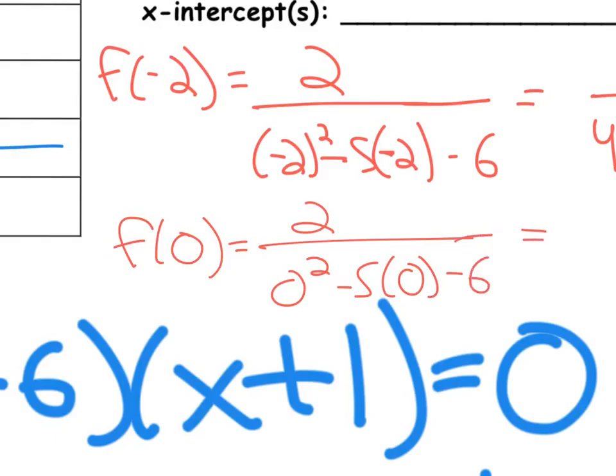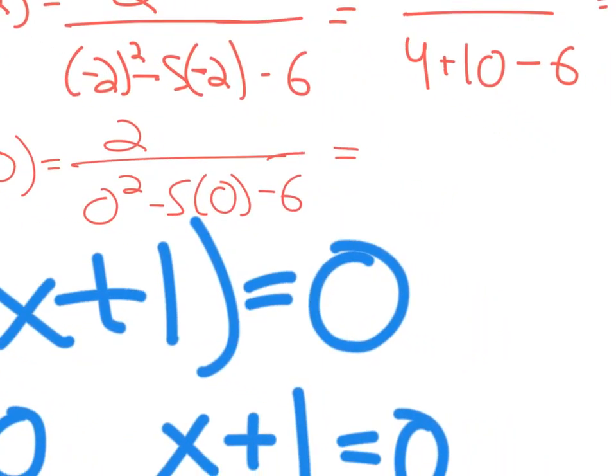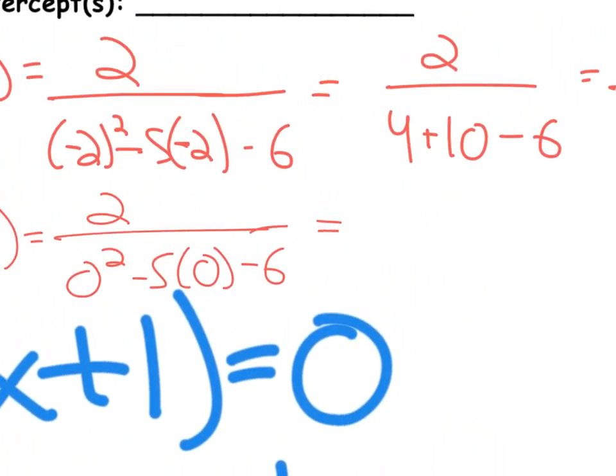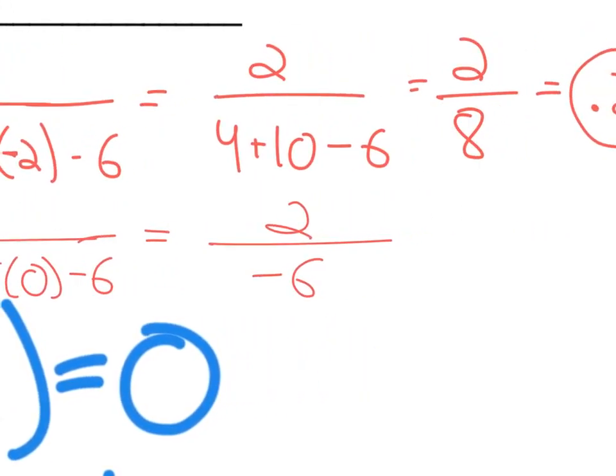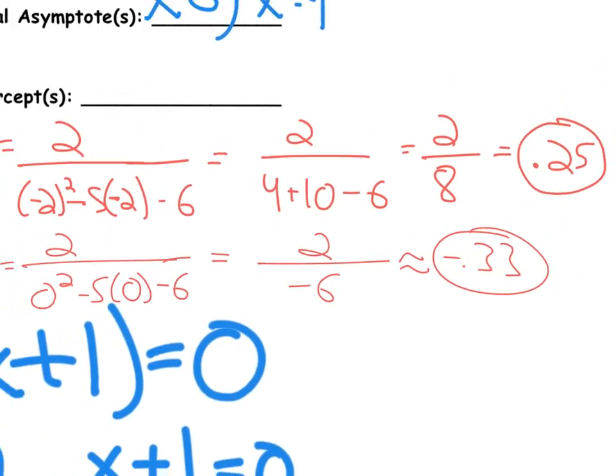And so this is going to equal 2 divided by, let's see, 0 squared is 0, minus 5 times 0 is 0, and so I am just left with minus 6, and so 2 over -6 is -1/3, which is about -0.3 repeating. So we'll say -0.33, a little Scottie Pippen number there.